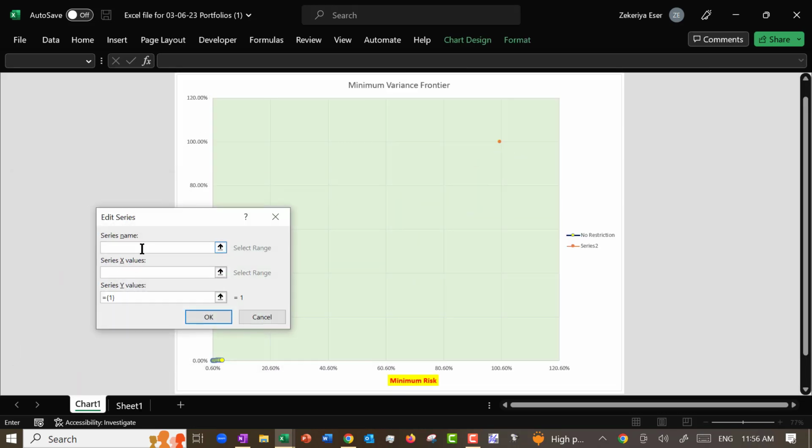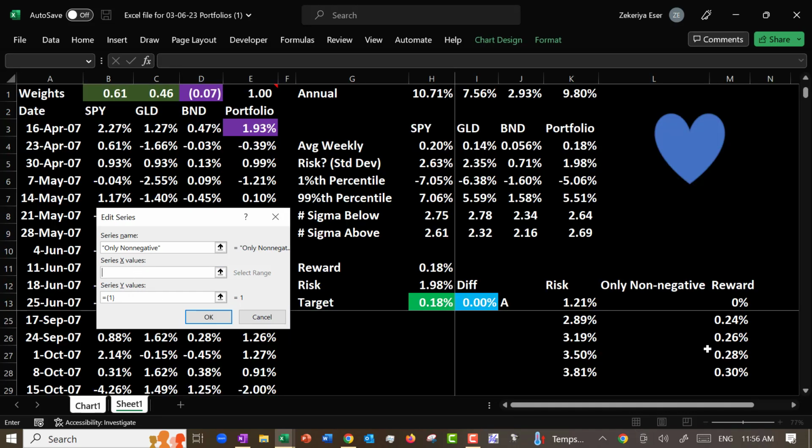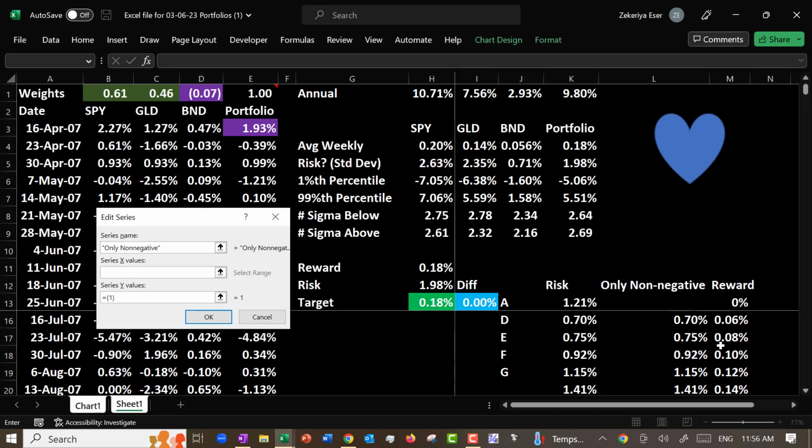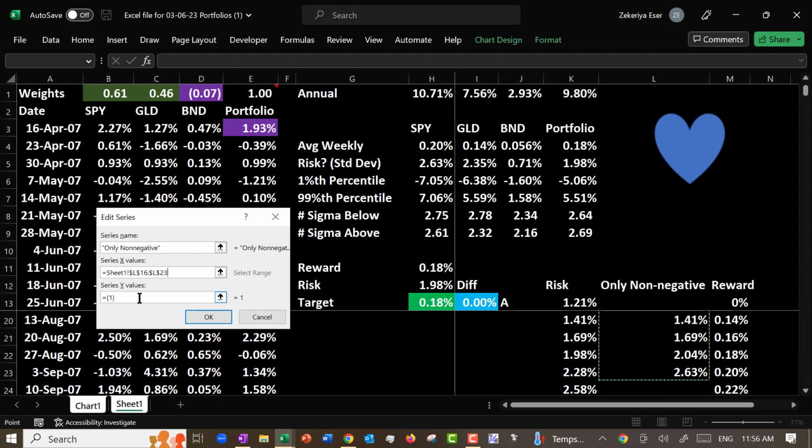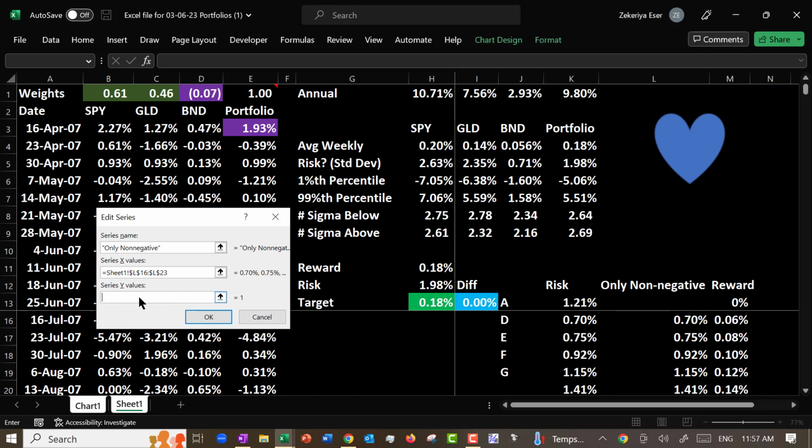Let's call this only non-negative. The X values are, remember, X values are the risks, and Y values are the rewards.